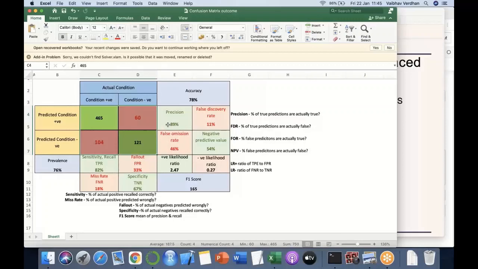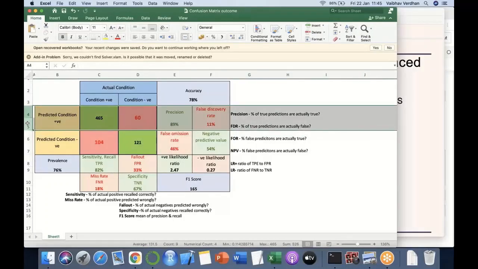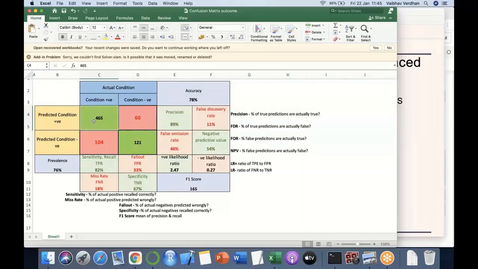Precision means that out of all the predictions which you made as positive, how many are actually positive? So out of 1000 transactions predicted by the model as fraud, how many are actually fraud?